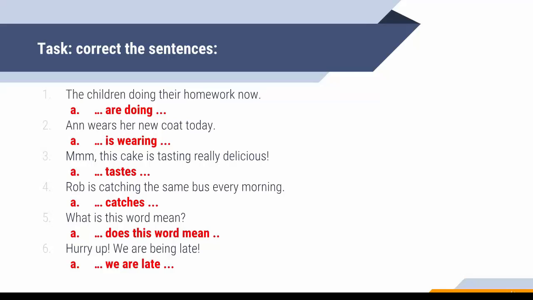It refers to something now, so it is present continuous. But you can't say we are being. You need to say we are. The verb to be in present simple and in present continuous is with the same form. Why? Because it can't be used in continuous tenses. We are late.